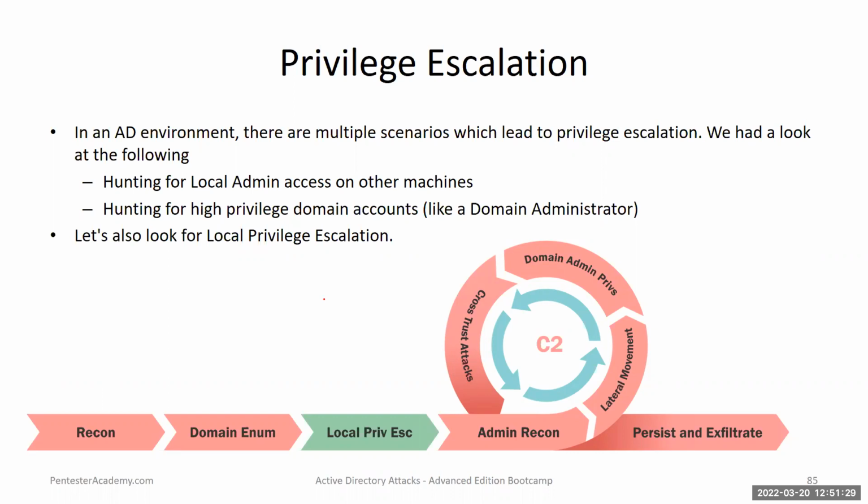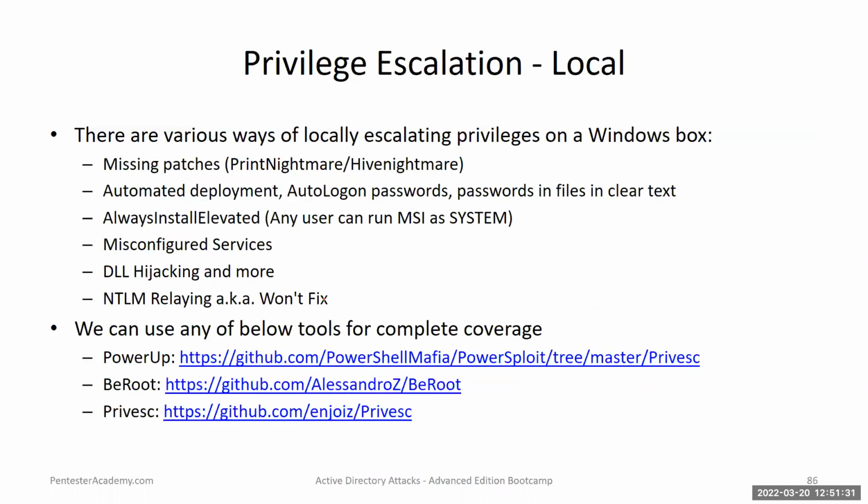All right. So let's first take a look at the privilege escalation that can be used on your foothold machine, that is local privilege escalation. First of all, it is missing patches.